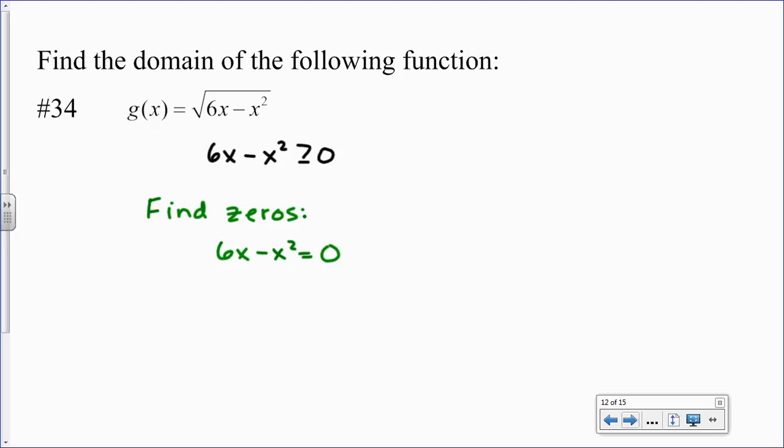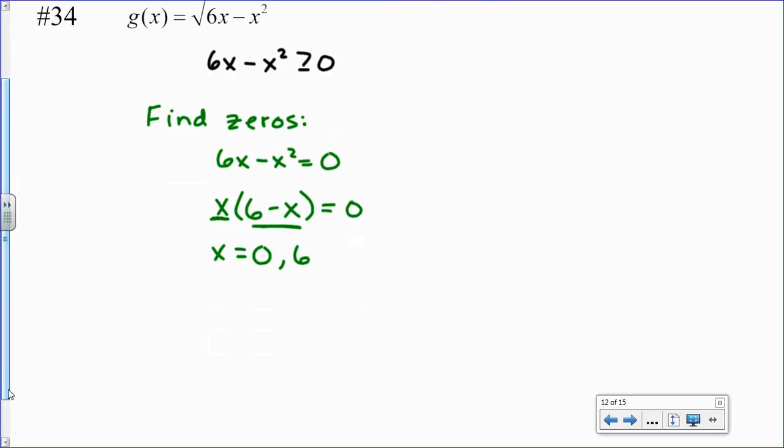So you can do that if you don't see that this factors. Okay, so my zeros would be for this x out here, and for this 6. Okay, good. So graph those on a number line.